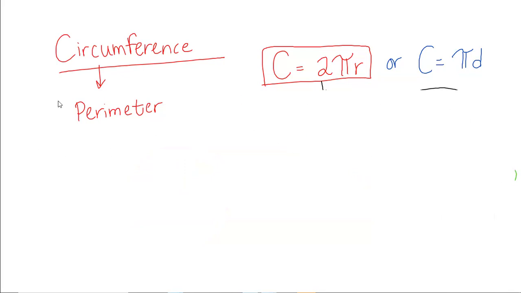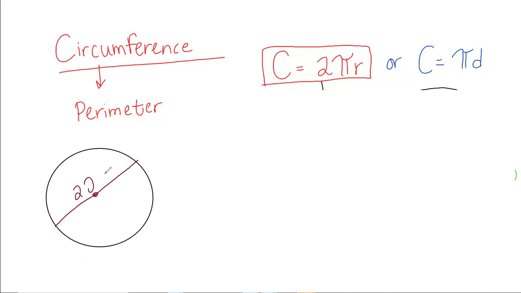What if they don't give you the radius? What if they give you the diameter? So yes, we could use that secondary formula, but again, I think it's just easier to use the one formula. So here's the diameter, and let me say that is 22 centimeters. And I'm still asking for the circumference.